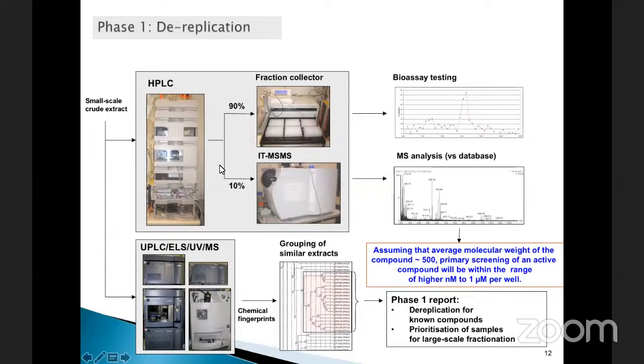Now, what we did here is that in one injection, we optimized the injection quantity in such a way that we get a good amount of the particular fraction in each well. And if the activity is in the higher nanomolar and micromolar range, you can see that very clearly in this bioassay.